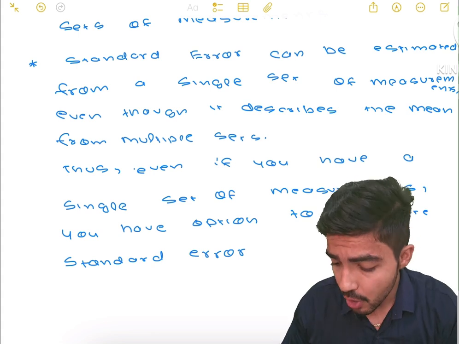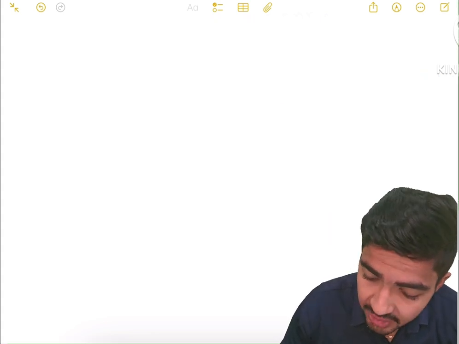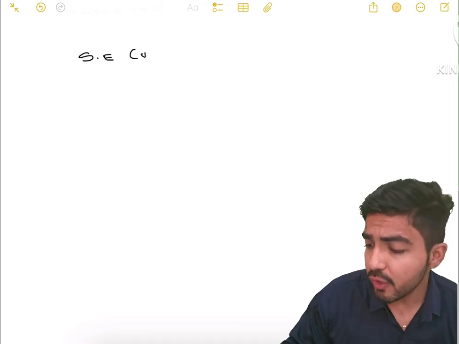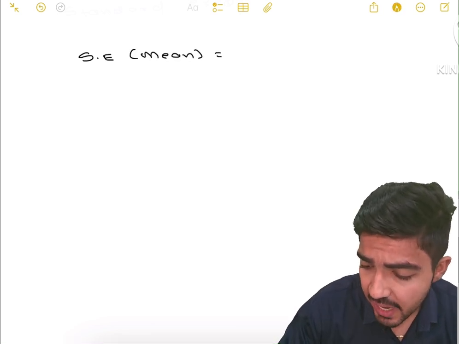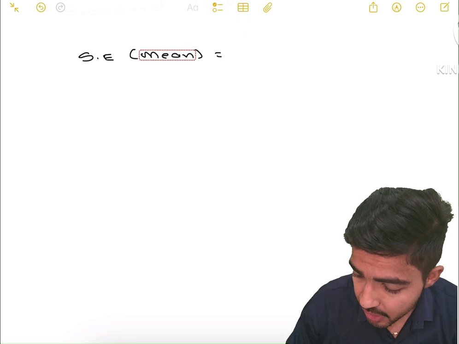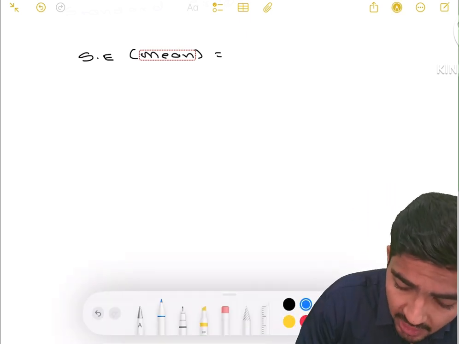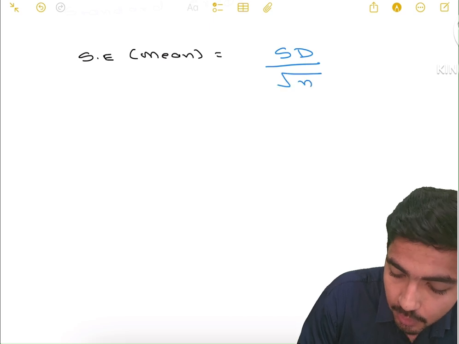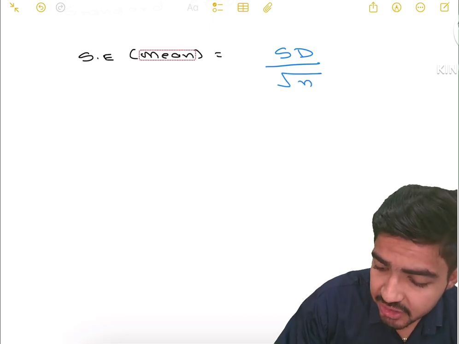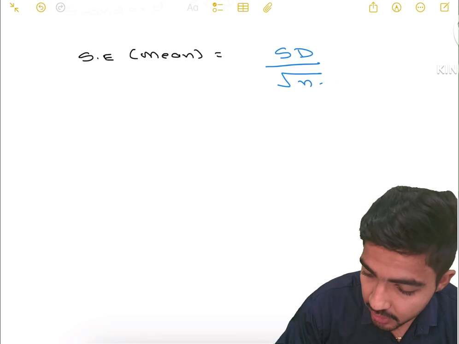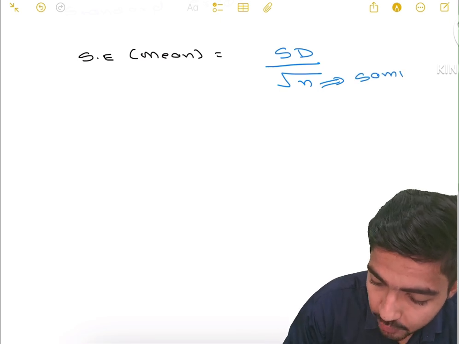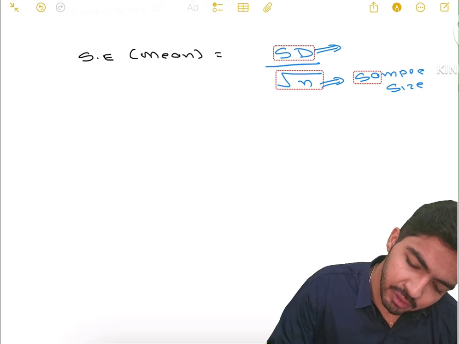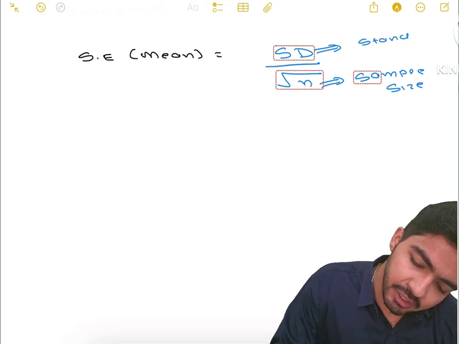Now I will tell you the formula for calculating standard error. Standard error has different formulas in case of mean and in case of proportion. This is how the formula looks like for mean. For mean, the formula is standard deviation upon under root of n, and standard deviation is SD.